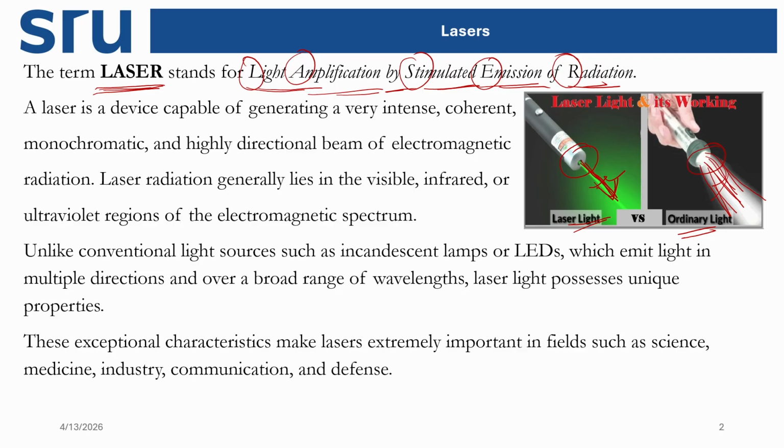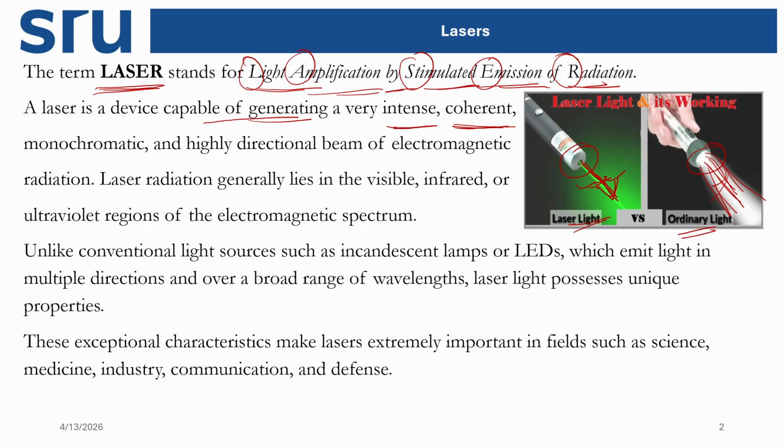We'll discuss why the laser light behaves differently from normal light, what the applications and advantages of using laser light are, and the mechanism of how it works. Laser light from a device is very intense and coherent. Coherent means it is in the same phase.